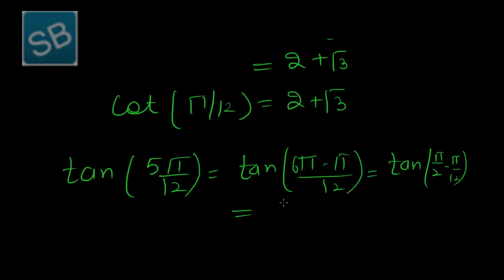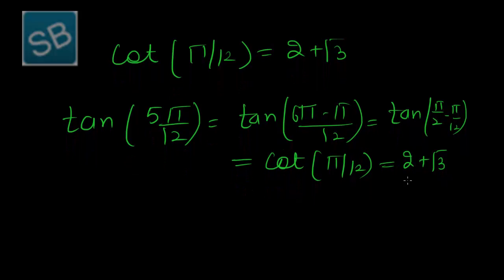So tan (pi by 2 minus theta) is in the first quadrant, and at pi by 2 its ratio changes, so it becomes cot pi by 12. What is the value of cot pi by 12? That is 2 plus under root 3.